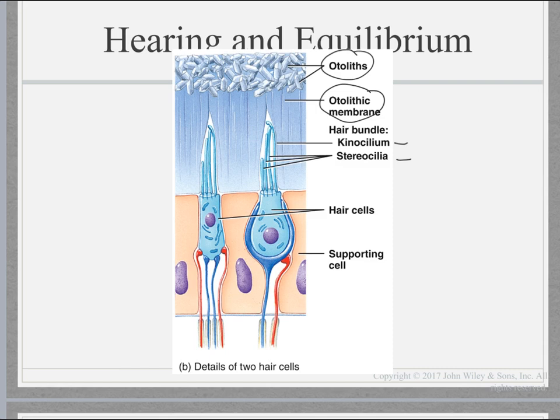Bending the stereocilia in the opposite direction, away from the kinocilium, actually hyperpolarizes the cell and results in a decrease in afferent activity. The semicircular ducts work in pairs to detect head movement with regards to angular rotational acceleration.